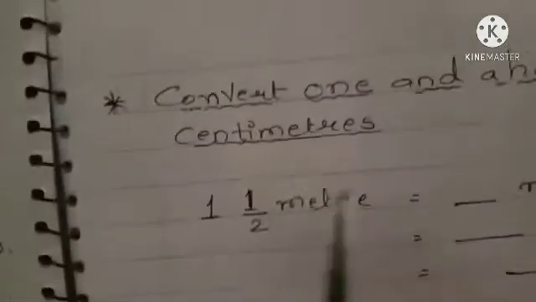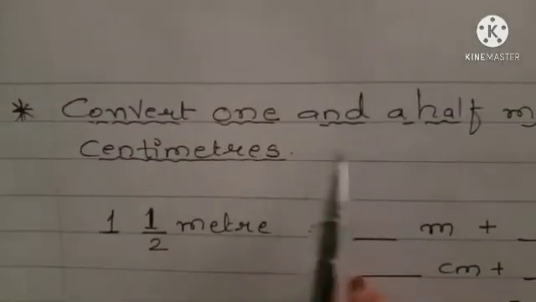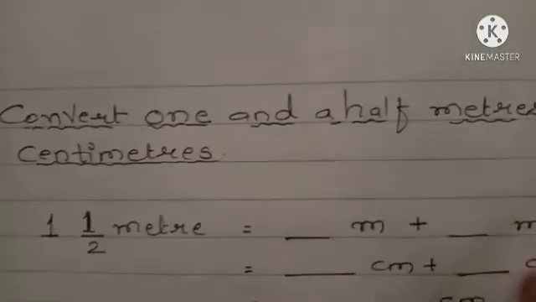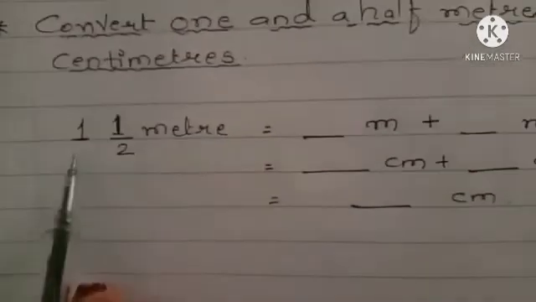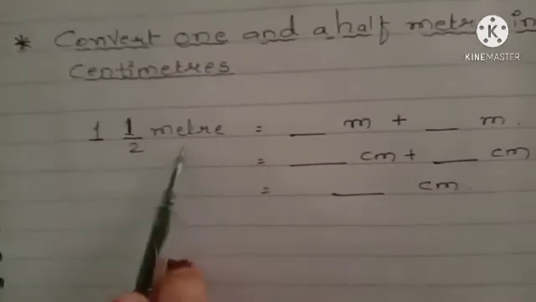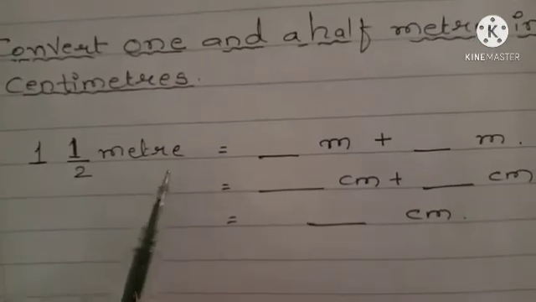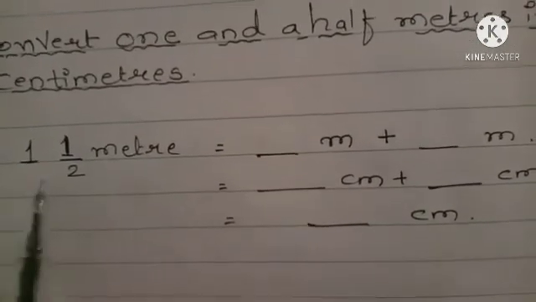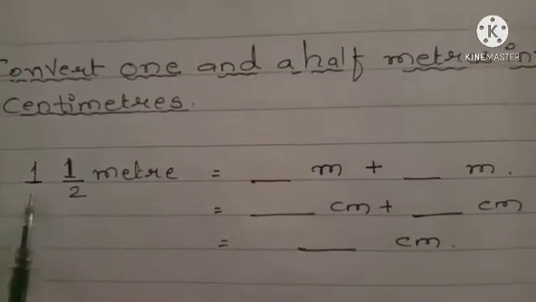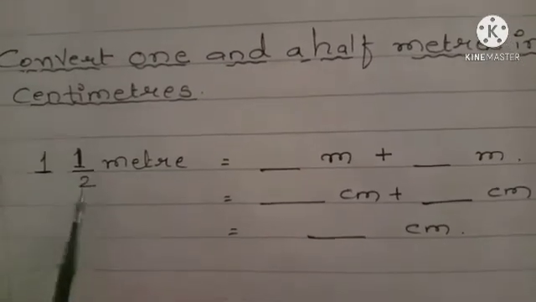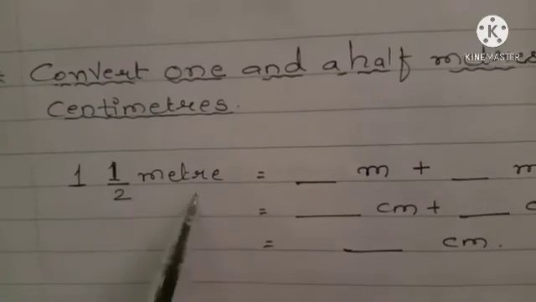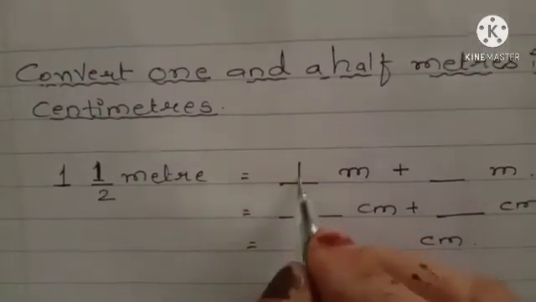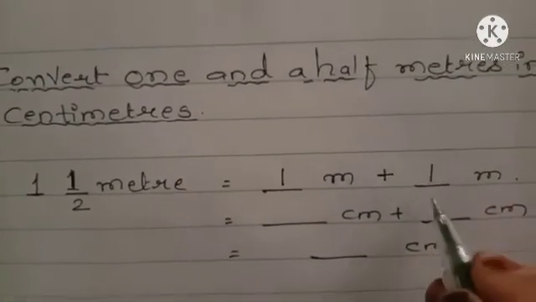Next conversion is convert 1.5 meters into centimeters. So we have to convert this 1.5 meter into centimeters. So see here 1.5 we will write it as 1 and 1 upon 2. So 1.5 meter, that is 1 meter plus half meter.